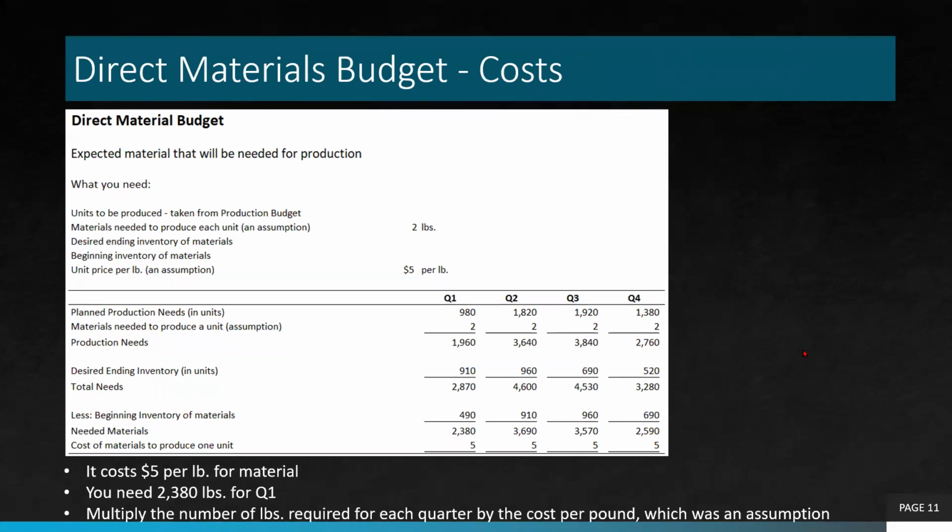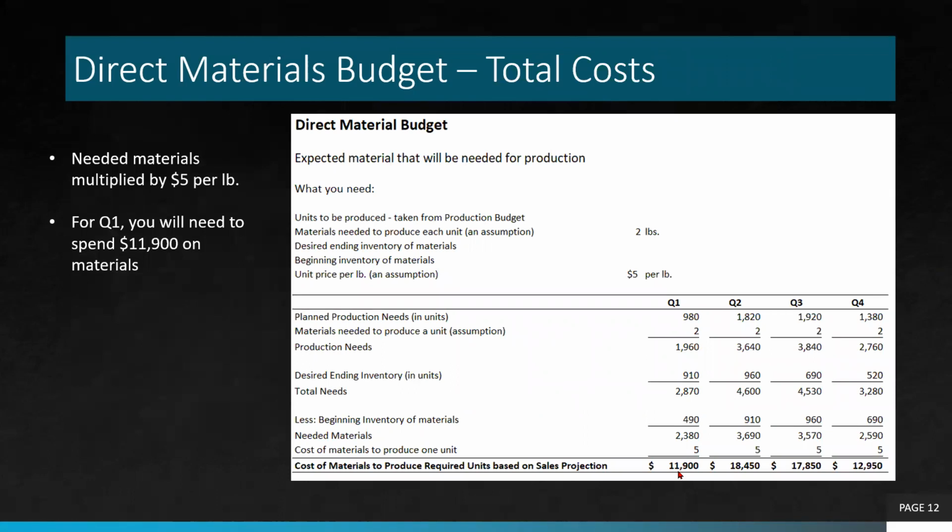And when you multiply that by 5, you come up with your totals. So it's going to cost us for Q1 $11,900 to produce the 980 units that came from the production budget, and that 980 units came from the sales budget, taking inventory, ending inventory and beginning inventory into consideration.